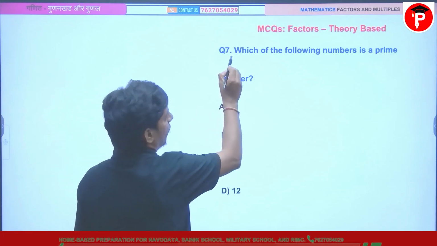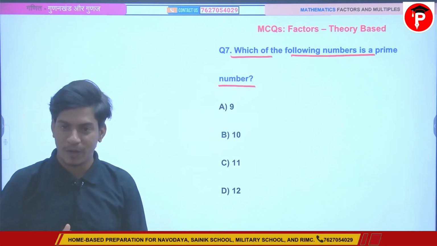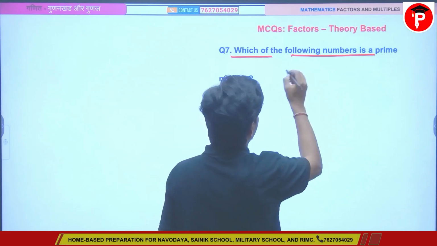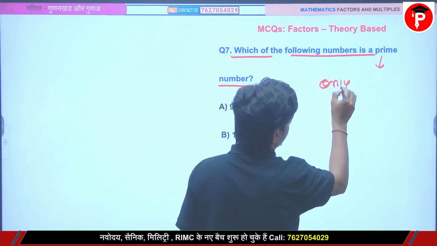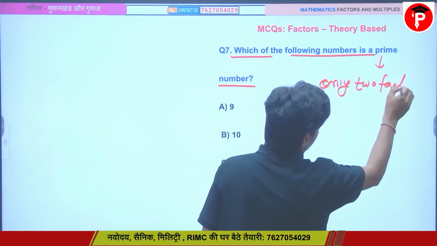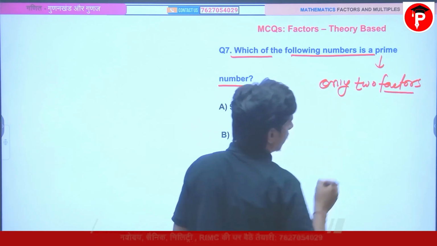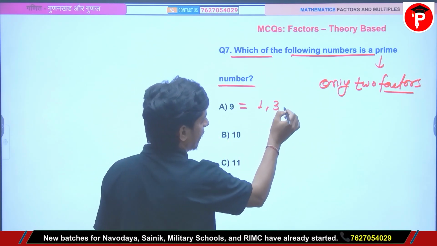Next, which of the following numbers is a prime number? Yes, a prime number means a number which has only two factors. Only two factors. If you look at 9, the factors of 9 are 1, 3 and 9.